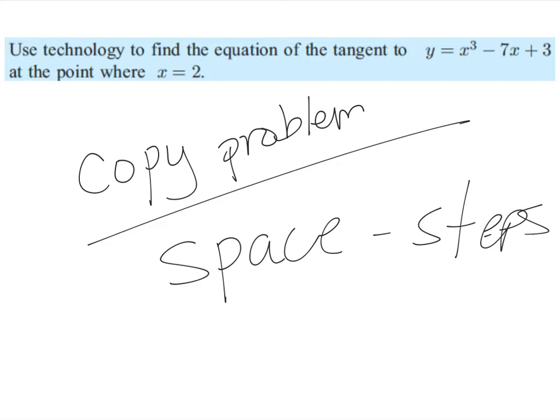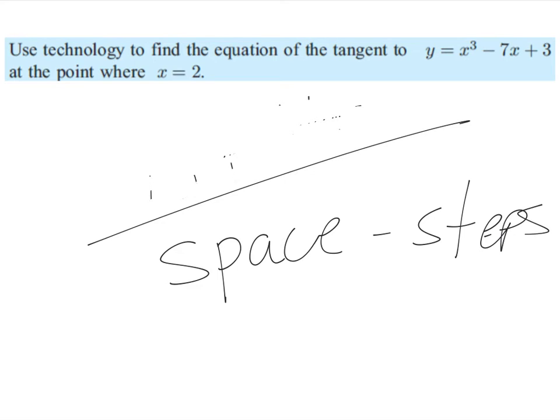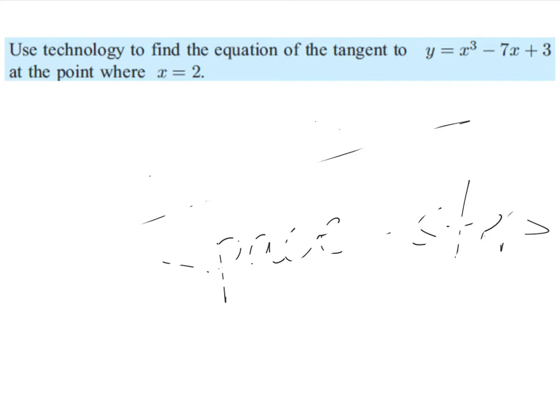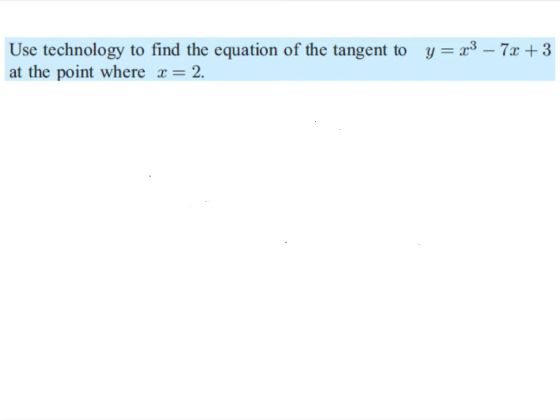Now we're going to go ahead and work the problem. We're going to work it the long way, and then we will go over it using technology and check our answer. So you've copied this problem down in your notebook, and while I erase.